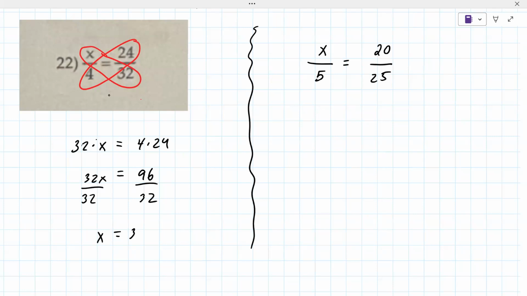X would equal 4. Very good. Okay, now there's more difficult problems in this I can give you, but do you feel like that is sufficient for what you want to learn from this? Yes. Okay. All right, so we'll move on to 23.